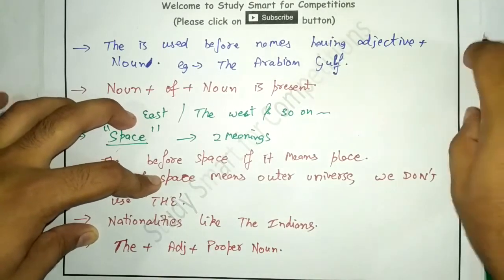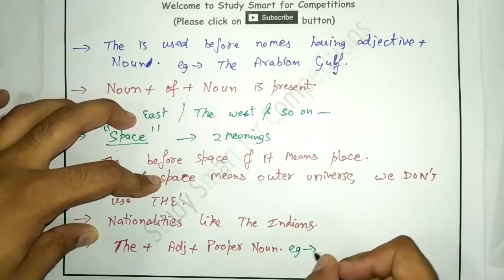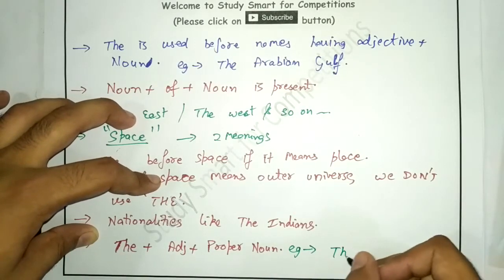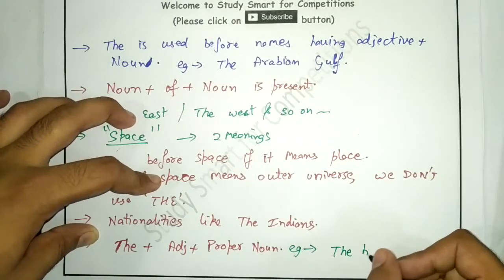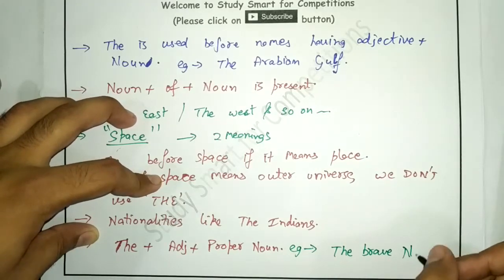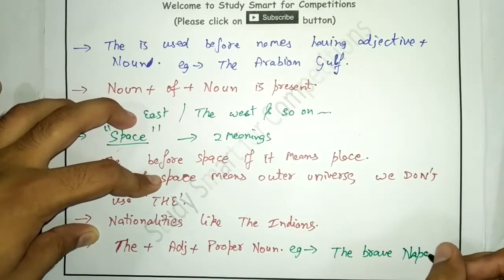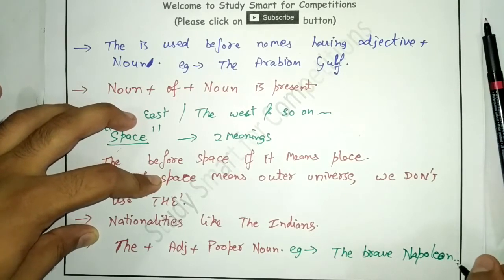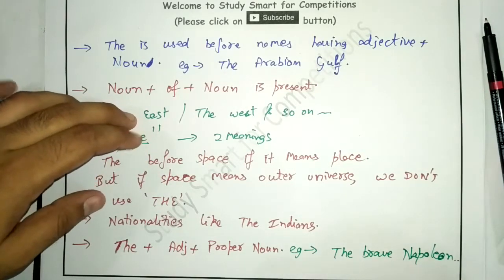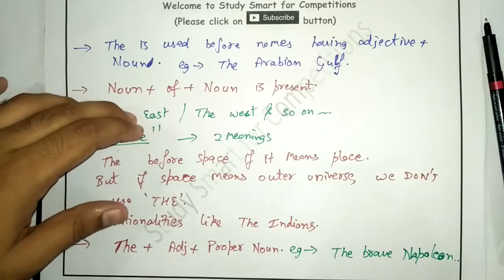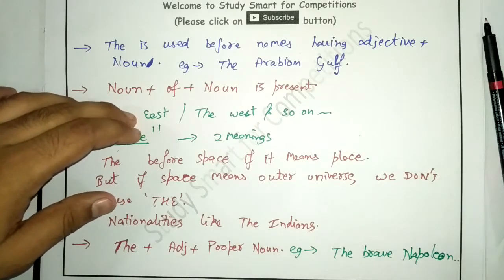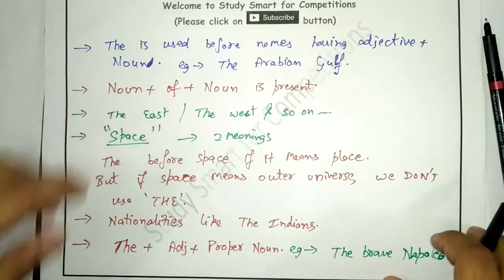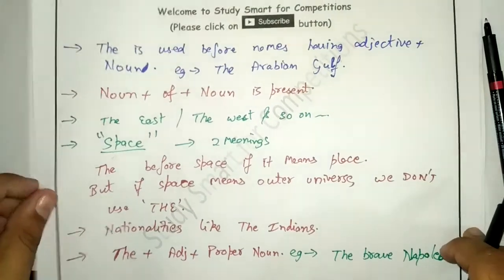I'll give you an example. So example can be the brave Napoleon Bonaparte. All right, I would say the brave Napoleon, the great Alexander. All right, or you can say the great Caesar, the immortal Shakespeare, and all that stuff. All right, so let's move ahead.